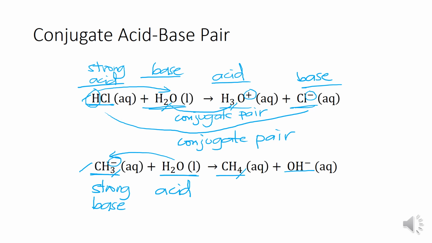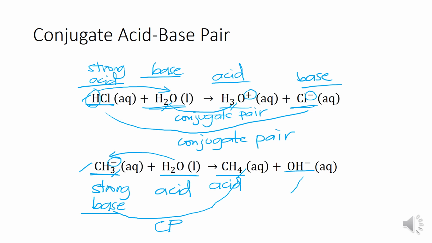Methane is produced from methyl. So therefore, we have this conjugate pair, capital CP for conjugate pair, where since methyl is a base, then methane is an acid.